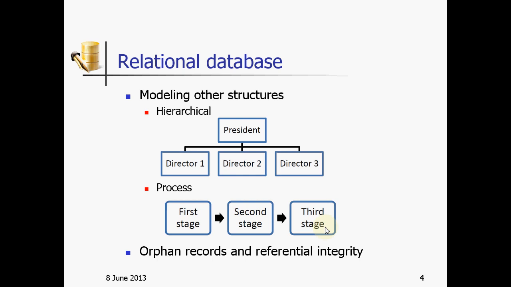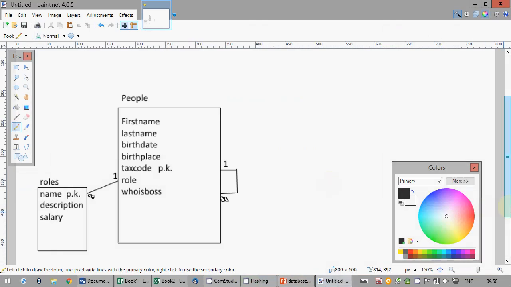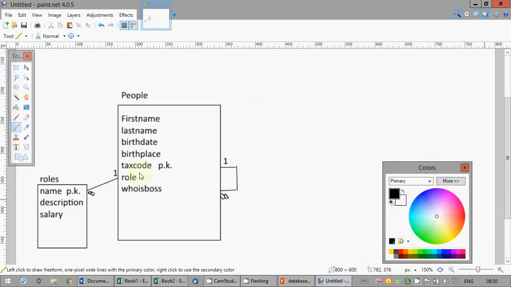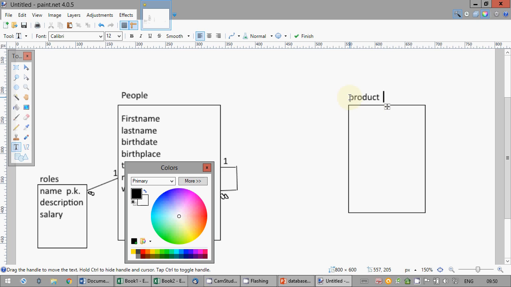No. Also here, the solution is to build a single table containing information on the products. And they will have a stage which indicates in which stage they are. So the stage will be 1, 2, 3, depending on which stage they are.